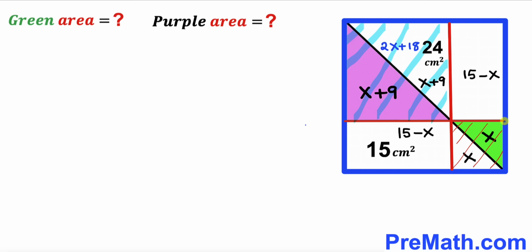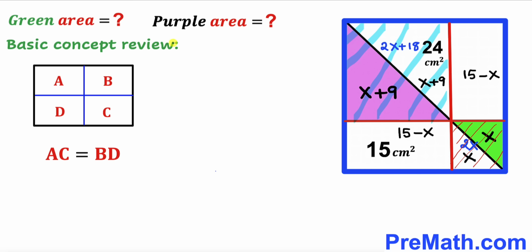And likewise the area of this tiny square is going to be equal to x plus x, which gives us 2 times x. So thus we end up with the area of this rectangle as 15 minus x. The area of this rectangle is 15 minus x. The area of this tiny square is 2x. And the area of this square is 2x plus 18.